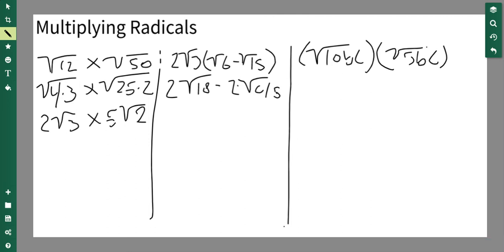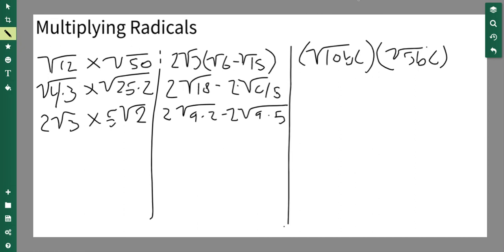So the next step is, we have to simplify. So simplifying would mean 2 square root 9 times 2 minus 2 square root 9 times 5. 9 is a perfect square and it's in 18, and 9 is also a perfect square that comes in 45.